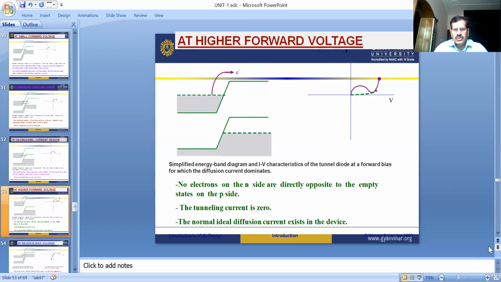So the tunneling current is zero. In that condition, the normal ideal diffusion current exists in the device.